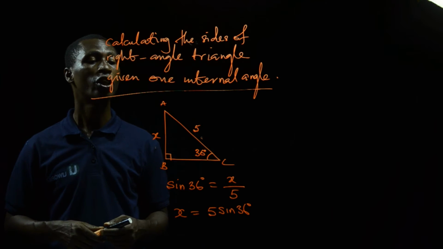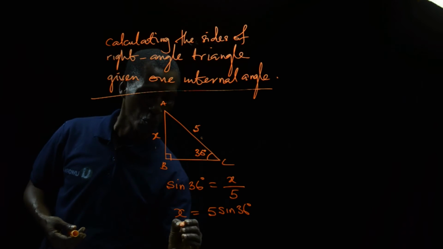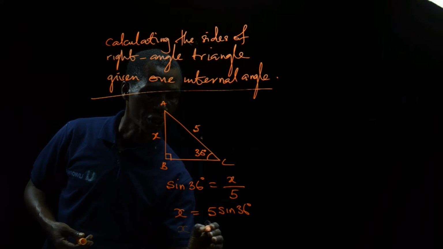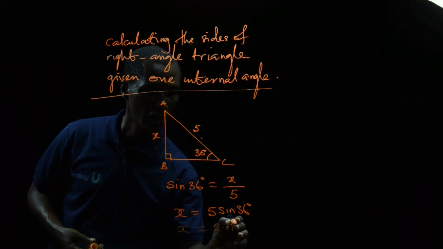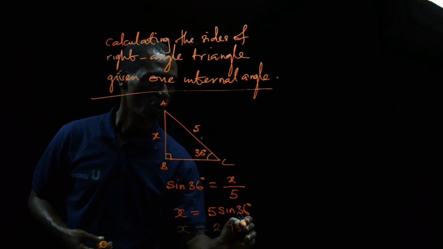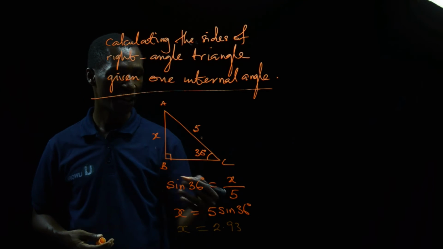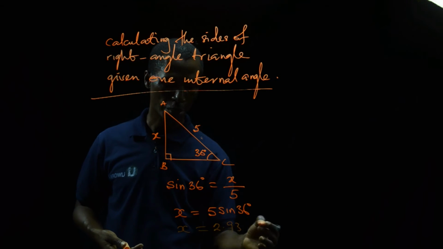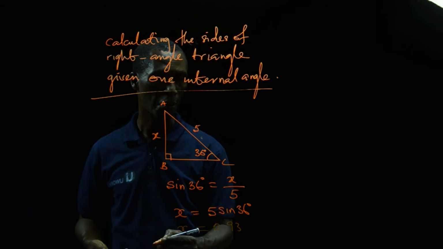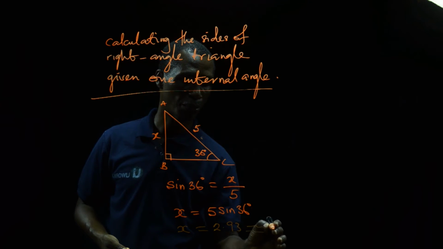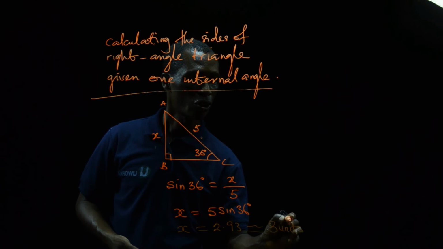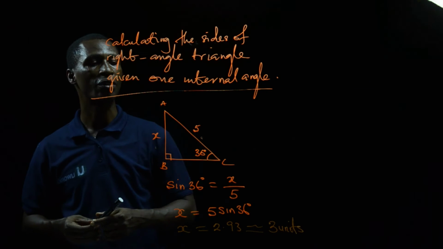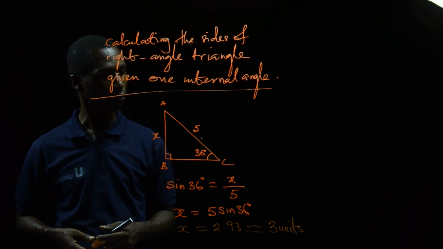It depends on how you are being told to leave your answer. So my x will be equal to 2.93. So let's say to the nearest whole number, or the nearest unit, will be rounding up to 3 units. You have to leave it in units if you are not given any units in the question.